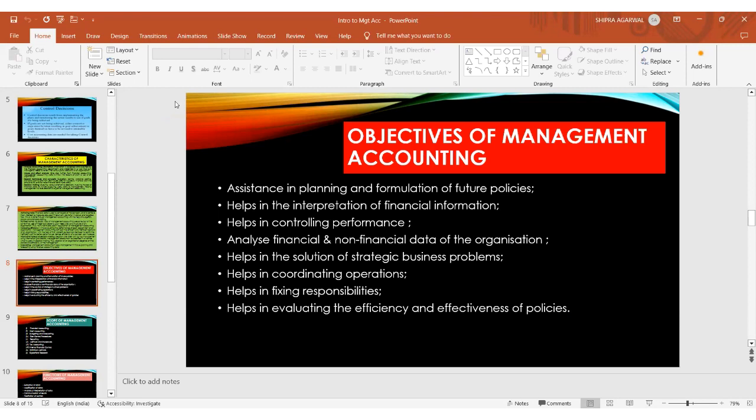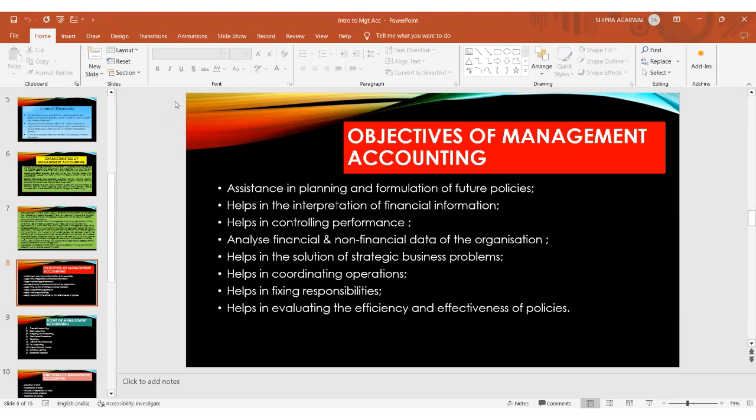Then further, it also helps in evaluating the efficiency and effectiveness of the policies. Whatever decision you take, whatever policies have been framed, it helps in evaluating the efficiency and the effectiveness of those policies. Now, people use these two terms interchangeably, but they are not the same.